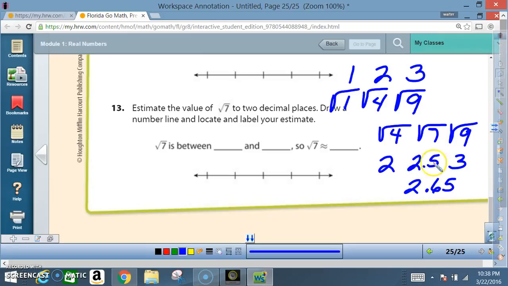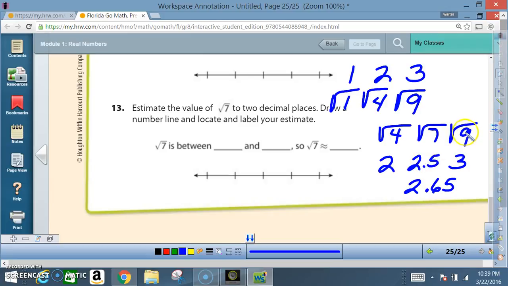Now, slightly different than their technique, what I'm going to do is this. I ask myself, the 7, is it closer to the 4 or is it closer to the 9? In this case, 7 is closer to 9. So that tells me that the square root of 7 has to be greater than 2.5.